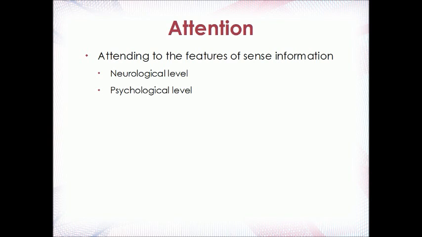How we go about deciding what we're going to pay attention to depends on whether or not the information that we get is of a certain kind or if it's important to us. And we can only decide if it's important to us by processing it conceptually. So attention really means focus, focusing our sensation and our perception. It means attending to the features of sensory information.